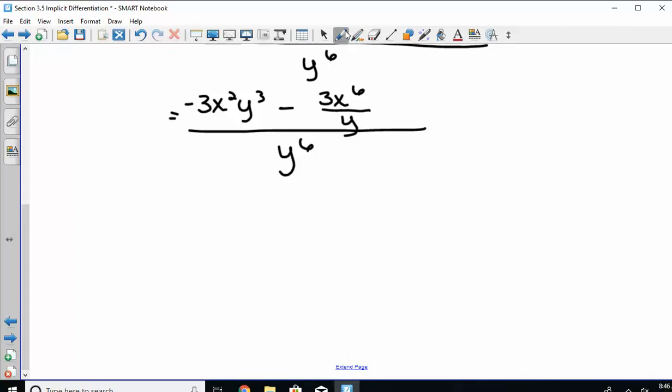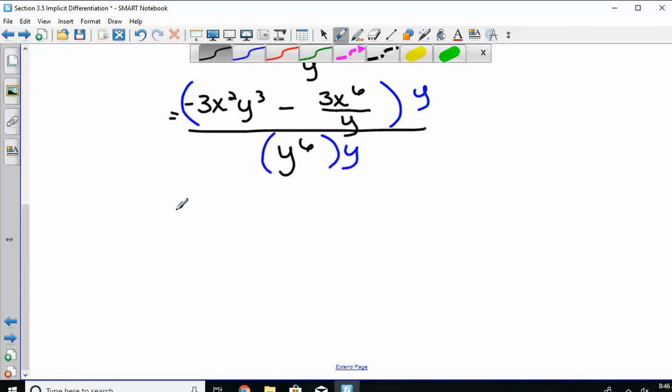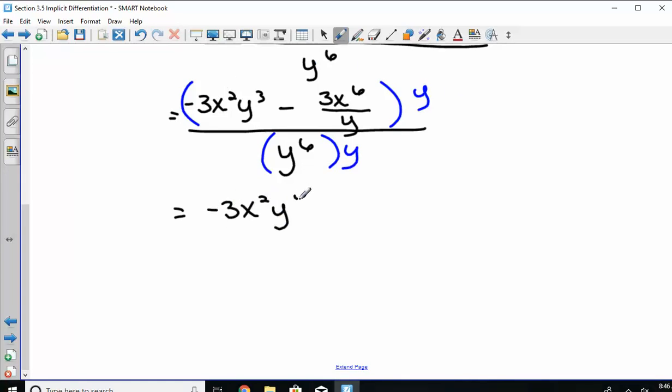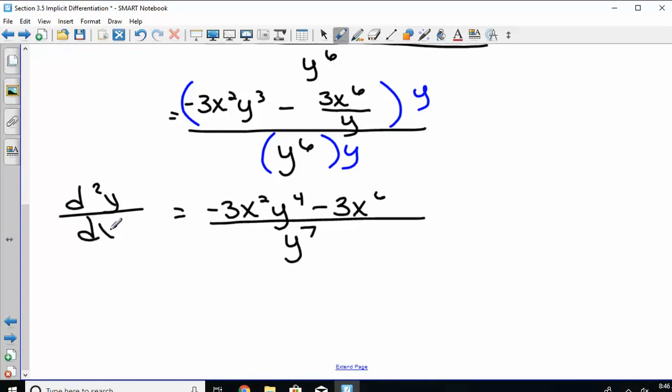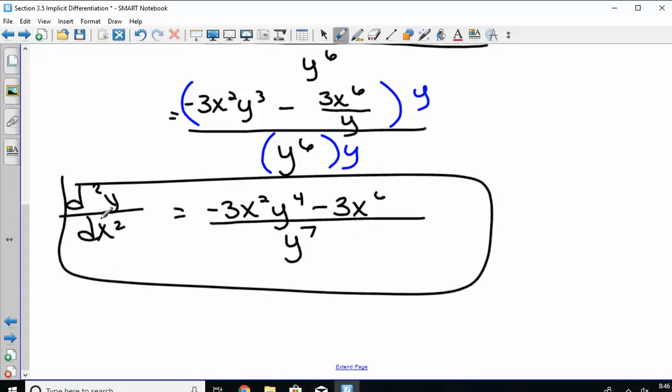Easiest method would just be to multiply top and bottom by y. So if you do that, you have to distribute. So negative 3x squared y cubed times y is negative 3x squared y to the 4th. 3x to the 6th, the y's drop. On the bottom, y to the 6 times y is y to the 7. So there is our second derivative.